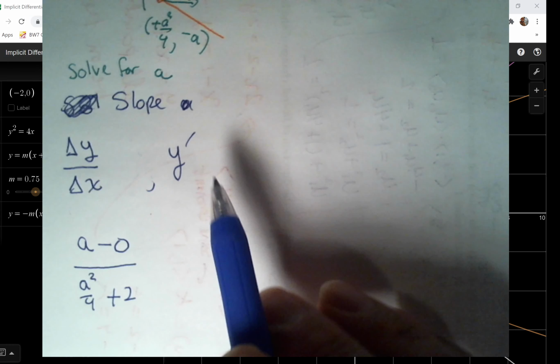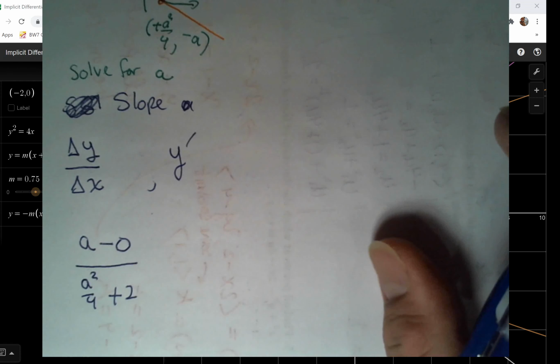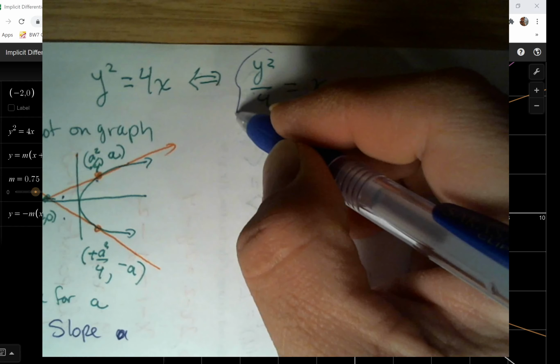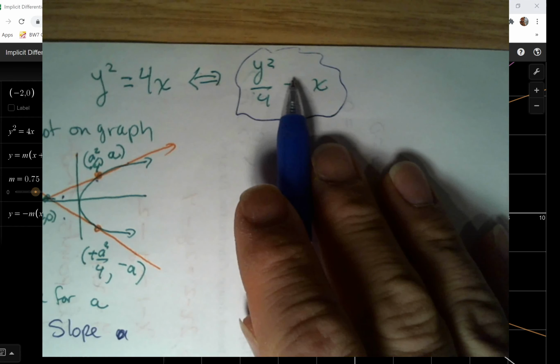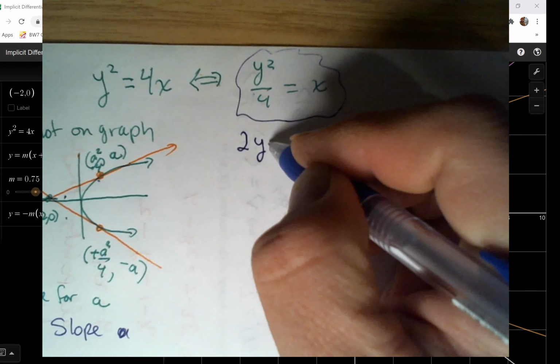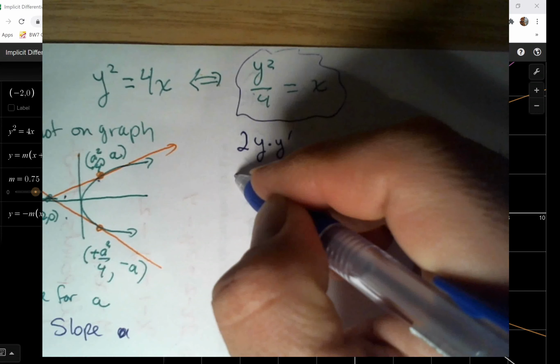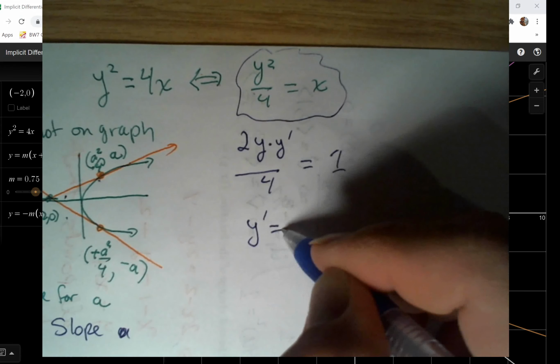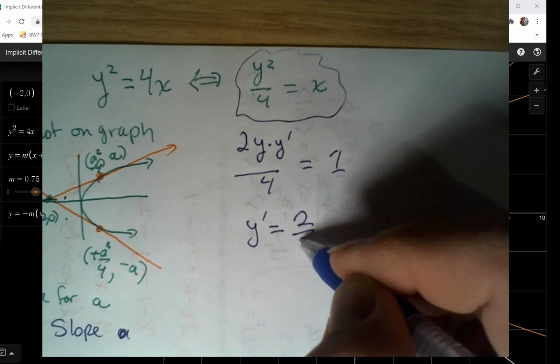Now, what about the calculus one, y prime? Well, I can do that by taking the derivative, implicitly, of course, of this. If I take the derivative with respect to x, we get 2y times y prime over 4 equals 1. Or in other words, we get y prime equals 2 over y.